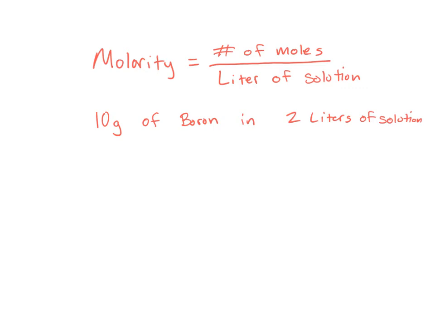Well, the simple calculation, we have to do 10 grams times however many grams per mole that equals. And we're going to have to go back to our periodic table of elements to discover that.